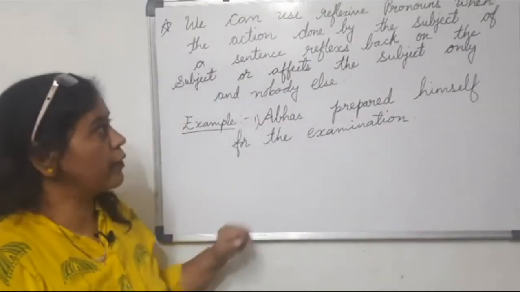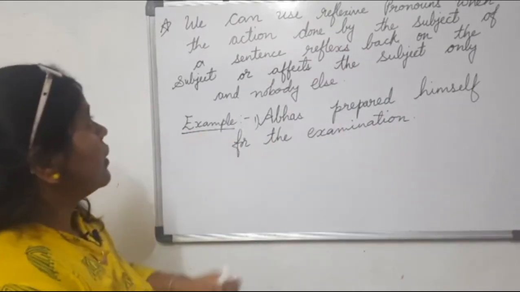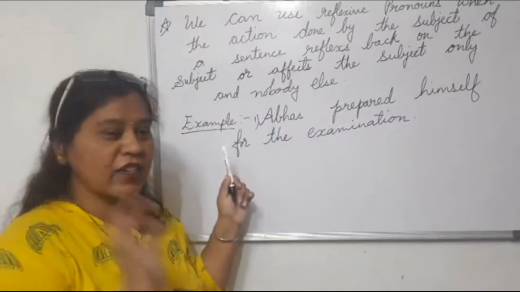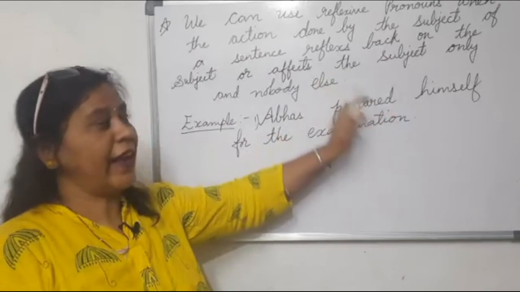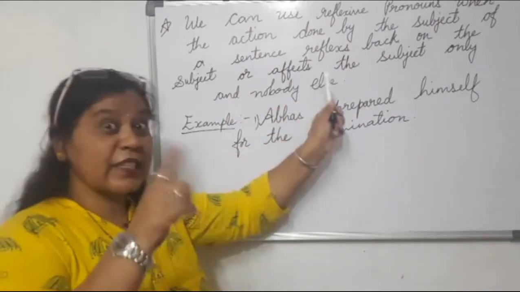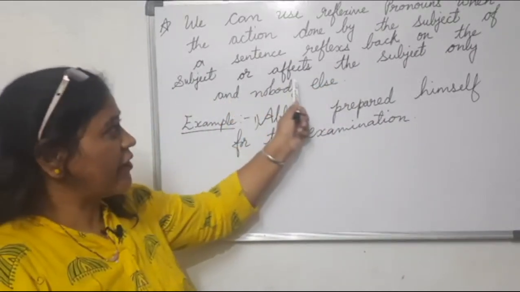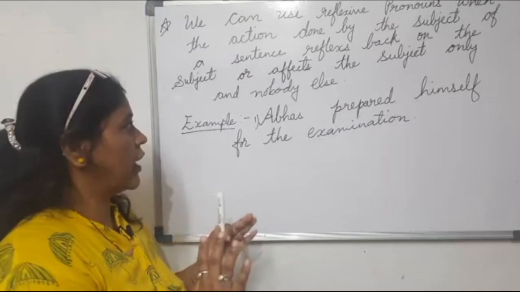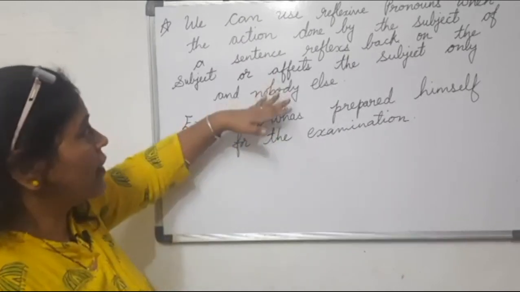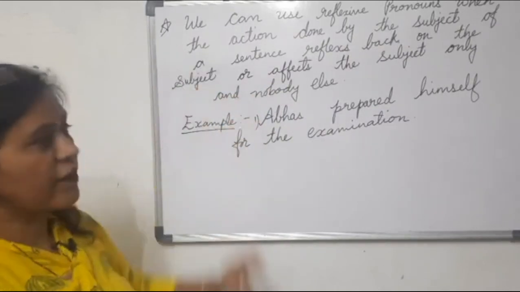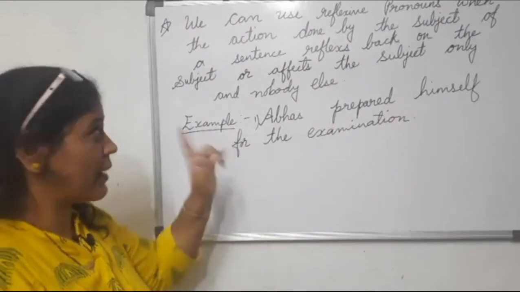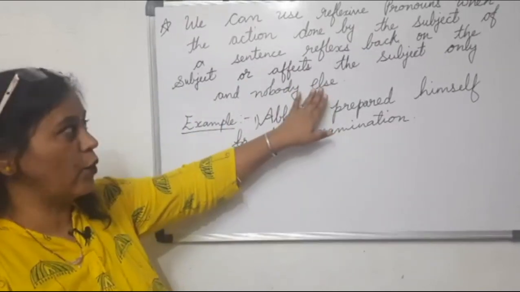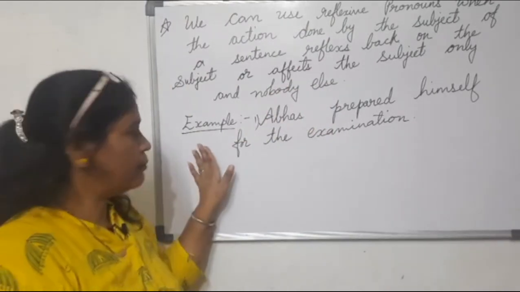The next rule: we can use reflexive pronouns when any action done by the subject of a sentence reflects back on the subject or affects the subject only, and not anyone else. Only by the subject. So we use a reflexive pronoun when the action done by the subject reflects back on the subject or affects the subject only and nobody else.